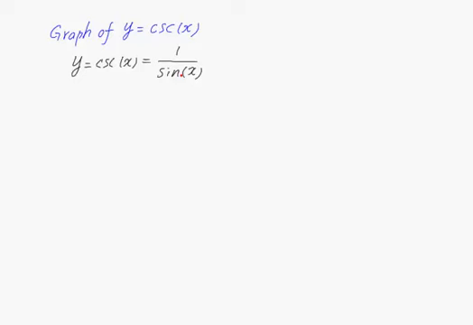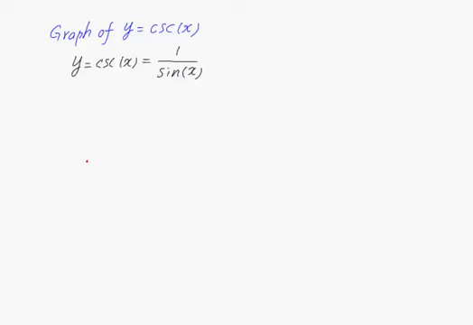And you can see the graph of the cosecant function is related to the graph of the sine function just in the same way as the graph of the secant function is to the graph of the cosine function, right?